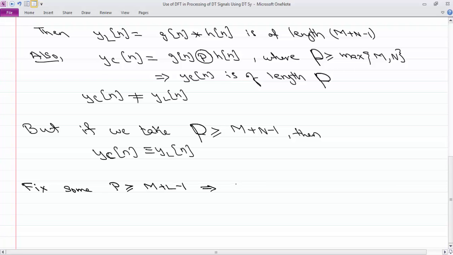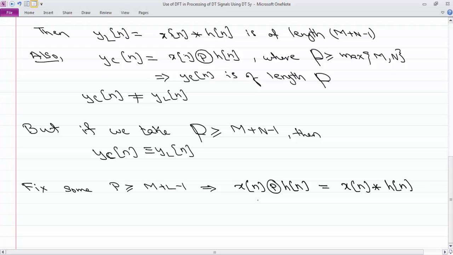This means that, again, I'm using G when I should be using X. So x[n] P-point circular convolution with h[n] is the same as x[n] linear convolution with h[n].